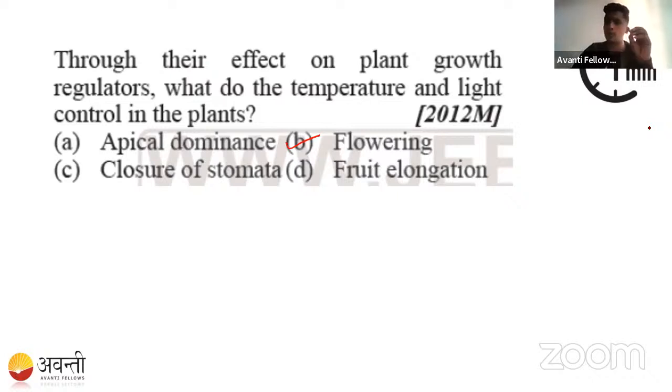But when it comes to flowering, flowering will not occur until there is a sufficient, very specific exposure to temperature or light. Understood? So that is why one of the major influences of temperature and light on plant growth is especially on the flowering phase. Okay, next one.